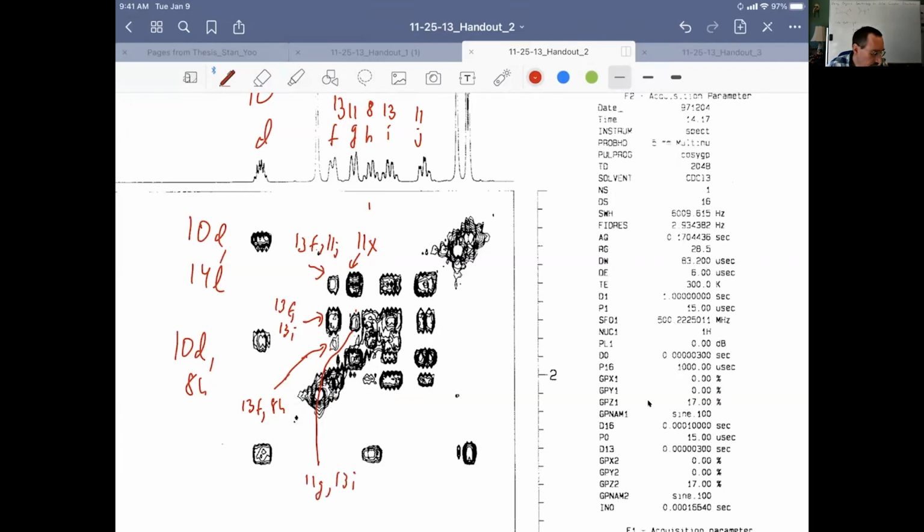This is another cross peak over here. Let's see, this one here is 8H with, let's see, why am I missing this? I think this is 8H with 13I.